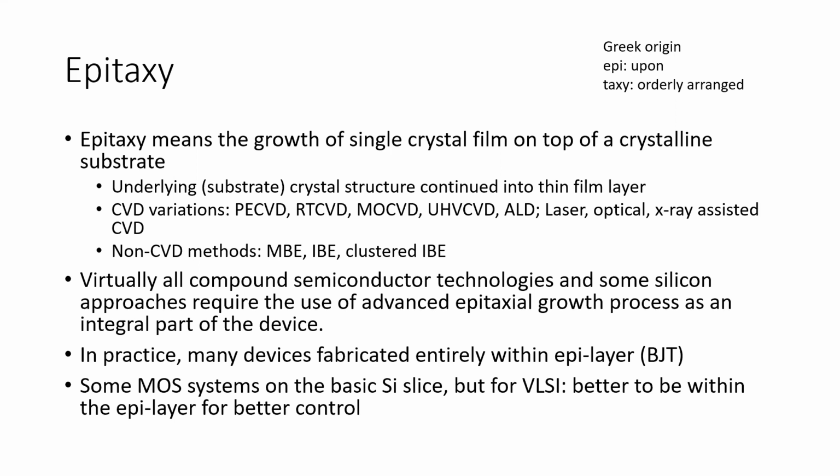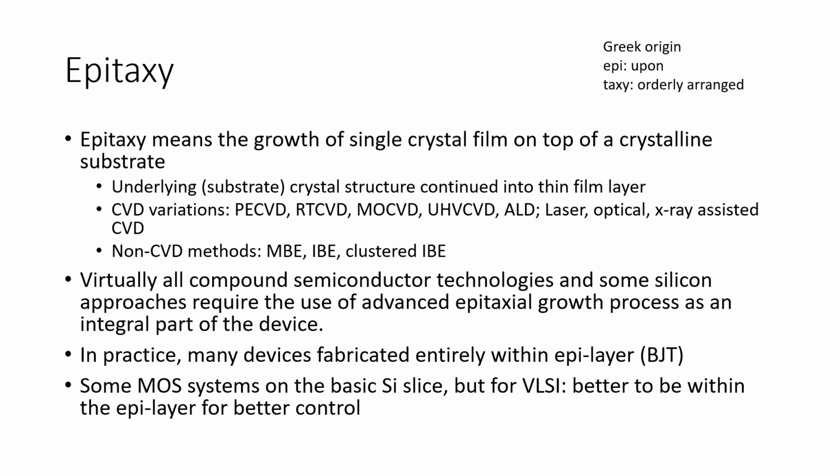Epitaxial itself means "upon, orderly arranged". This is a word from Greek. So the underlying crystal structure, or substrate structure, continues into the thin film layer on top of it.